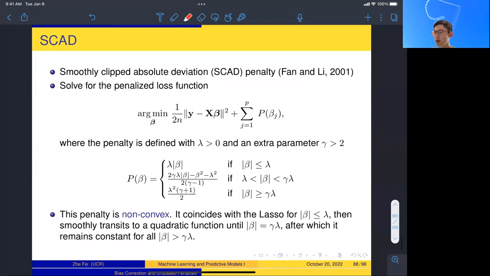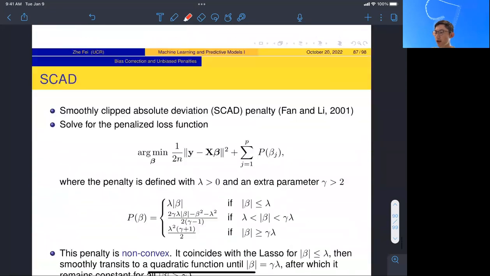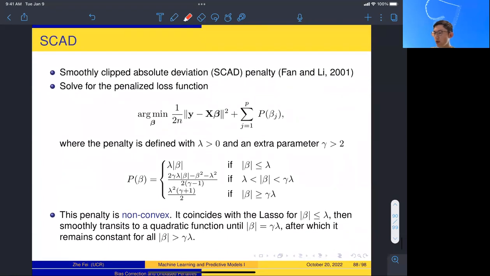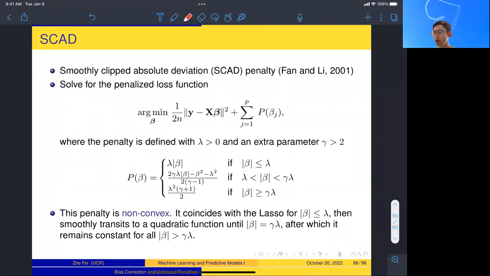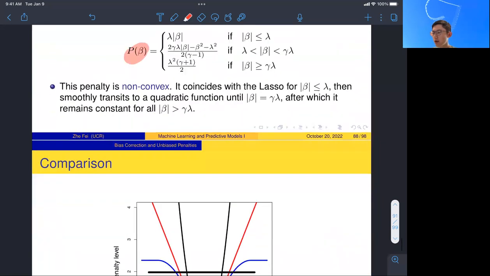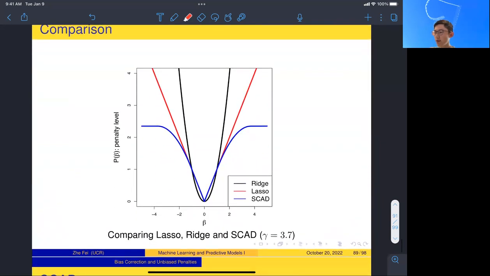So in terms of the unbiased penalties, we do not need to go into the technical details, but essentially this is the penalty function specified by the SCAD penalty. The SCAD penalty is in blue.